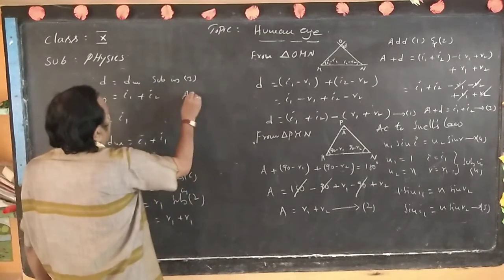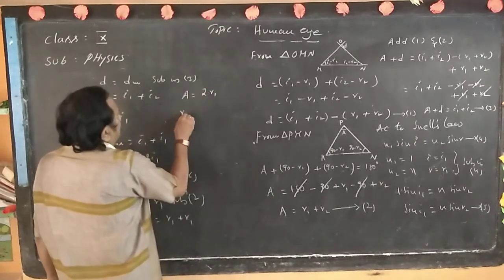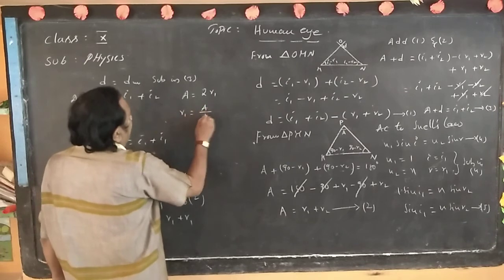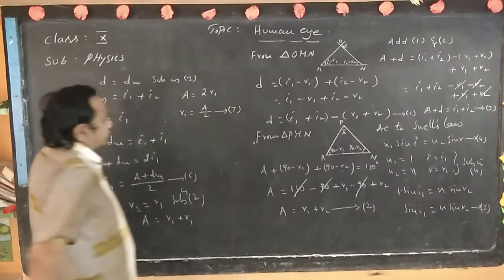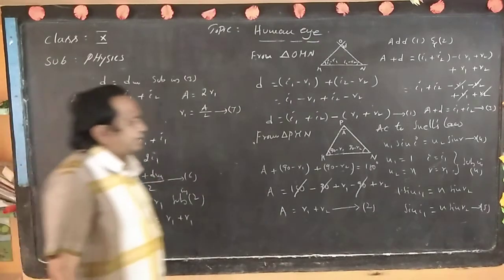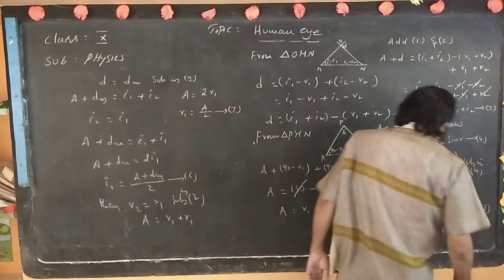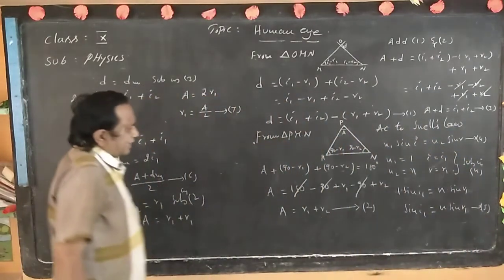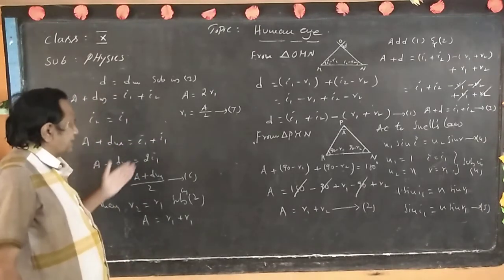So A is equal to 2R1. Then R1 is equal to A by 2. Let it be equation number 7. So in Snell's law, I have to get the I1 and R1 values from equations 6 and 7.